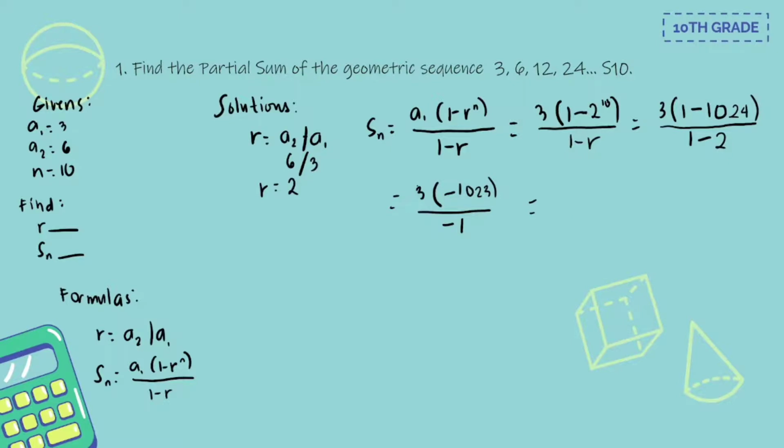So next, multiply 3 times negative 1023. It's negative 3069 over negative 1. So here, all you have to do is divide. So negative 3069 divided by negative 1 is positive 3069.